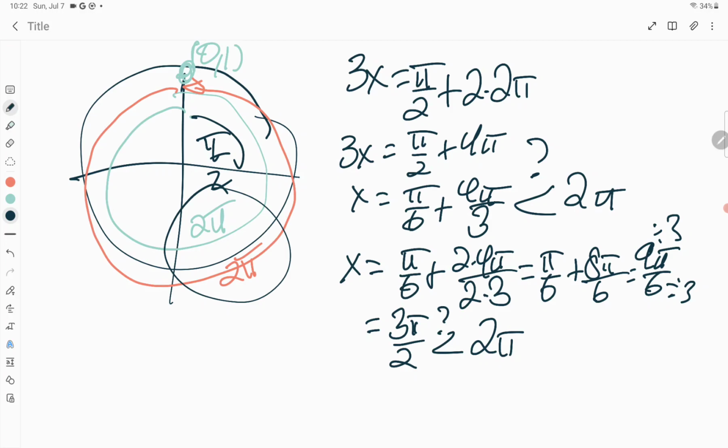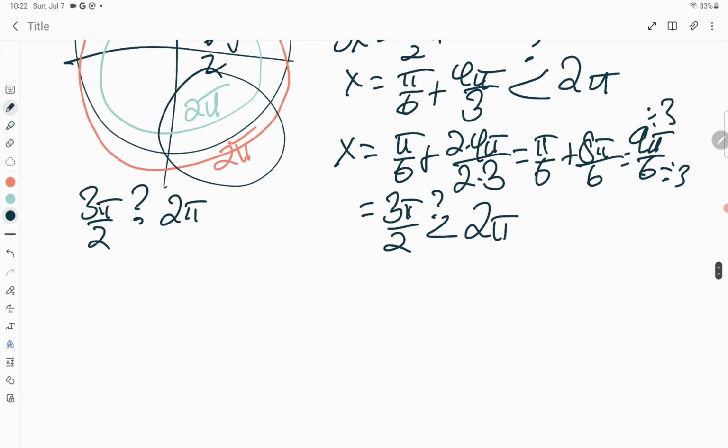Okay, so how do you do it? So 3 pi over 2. You really should know, to be honest, that this is the bottom of the unit circle, and this is less than 2 pi from your knowledge of the basic unit circle. But let's say you don't. So it's 3 pi over 2 and this is 2 pi. You've got to convert to the same denominator so you can compare. That's all. So you put a 2 in here and multiply by a 2 there. So it's 3 pi over 2 and then 4 pi over 2.